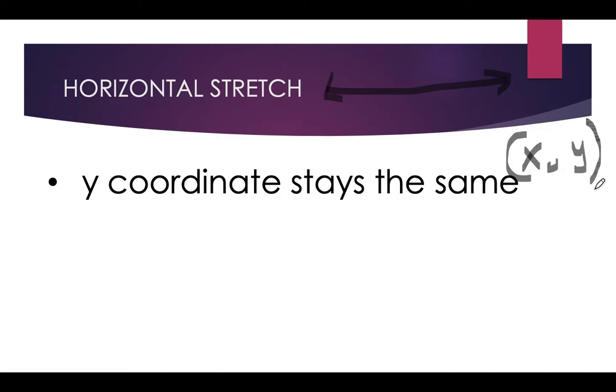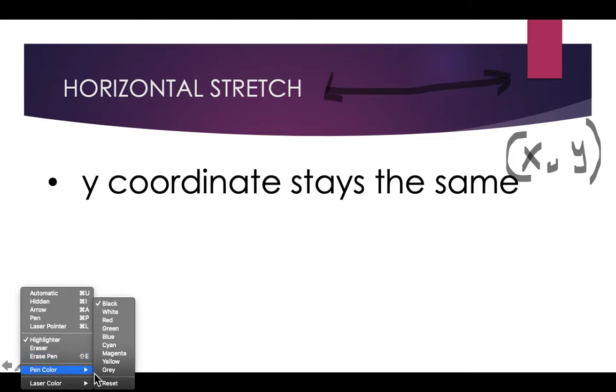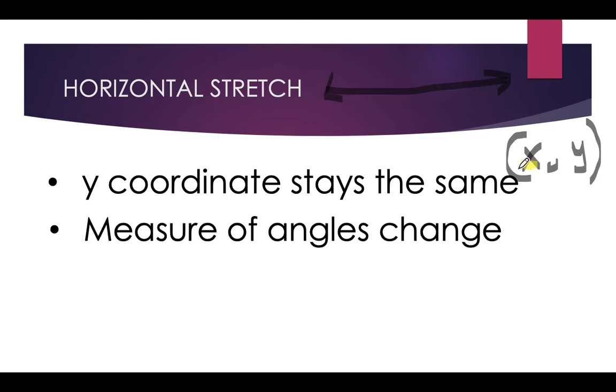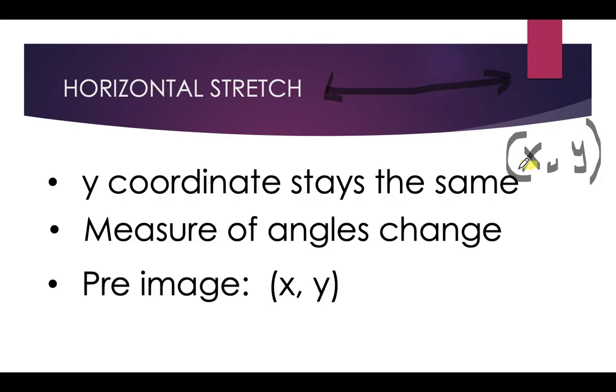If you're doing a horizontal stretch, that means the only thing that's going to change is the value of your x coordinate. The measure of the angles are also going to change. And how do you change the value of that x coordinate? You're just going to multiply your x coordinate by your scale factor, which is going to be given to you.